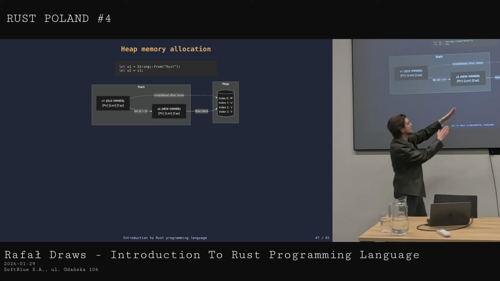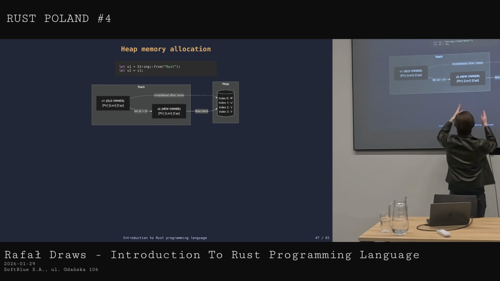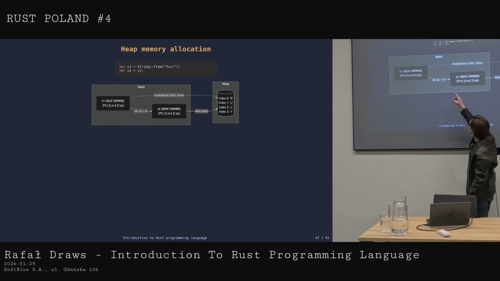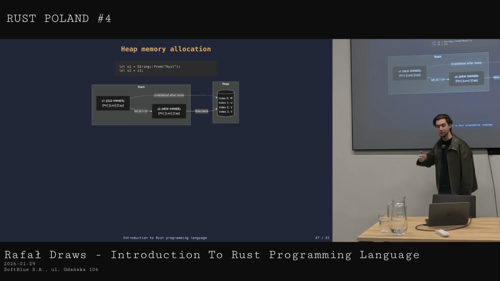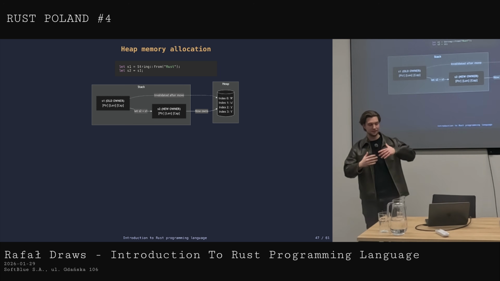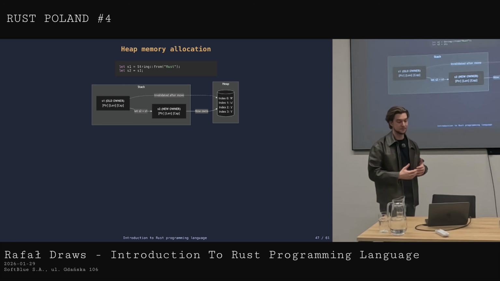The data is held on the heap, but since we're creating S2 from S1, and that happens right here, S2 is the new owner of data on the heap, and it owns this string, and S1 is invalidated after the move. It also is related to the ownership mechanism.